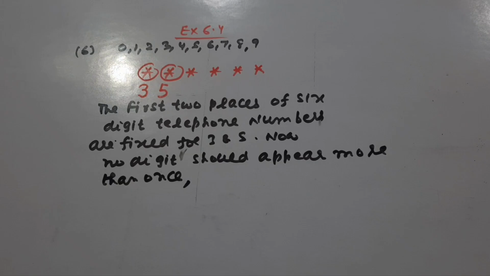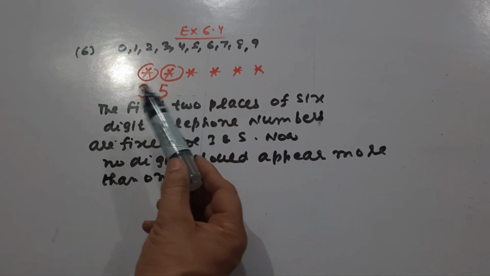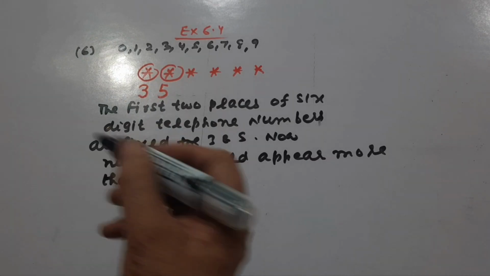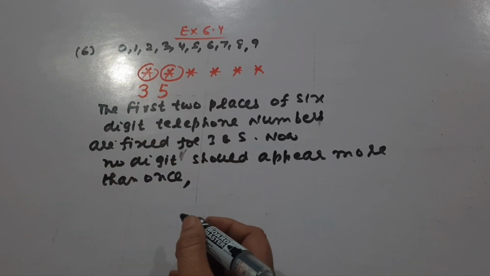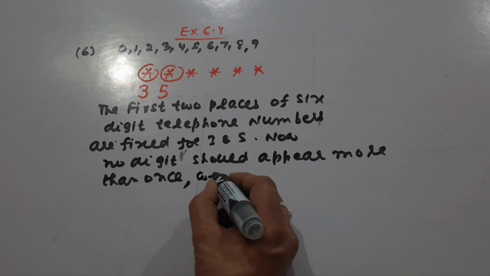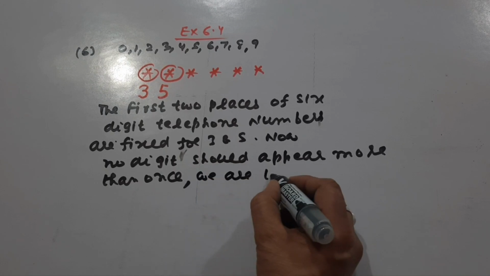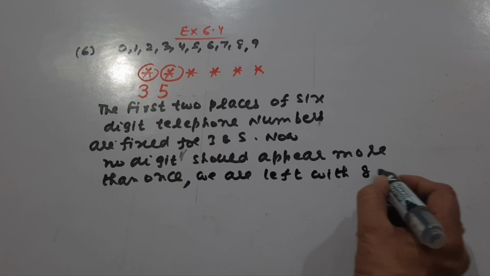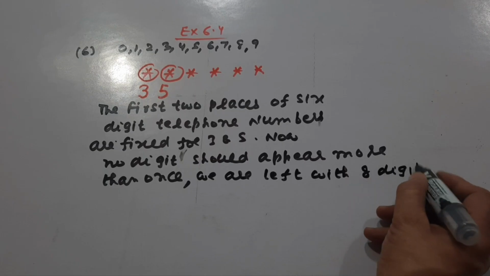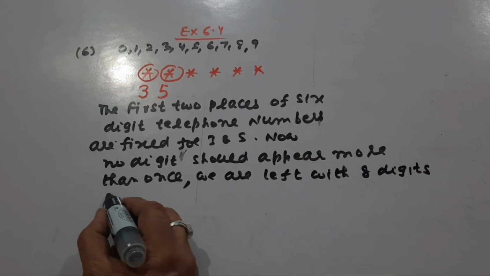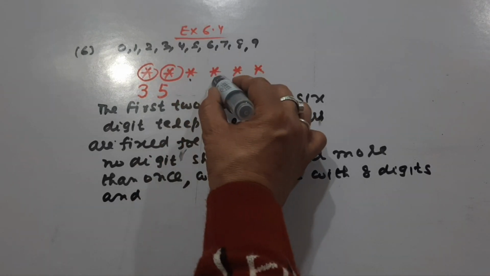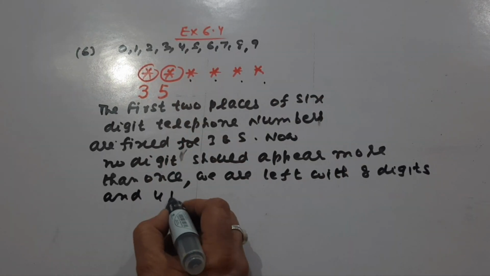Now total digits we have 10, and out of 10 we have fixed 2 digits, 3 and 5. So we are left with 8 digits, and how many places? 1, 2, 3, 4, so 4 places.